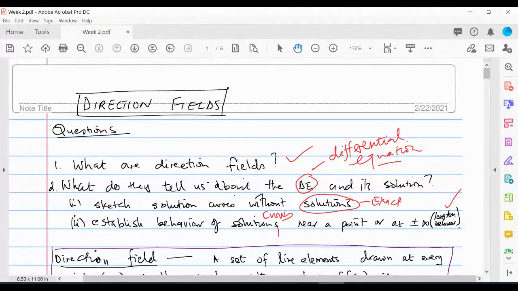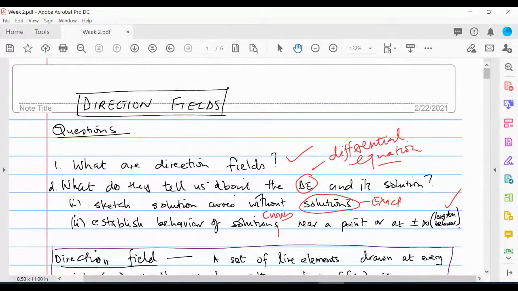This is what we are going to emphasize around these solution curves. If we understand this definition and what the direction fields do towards understanding the solution and its behavior, then we are done.